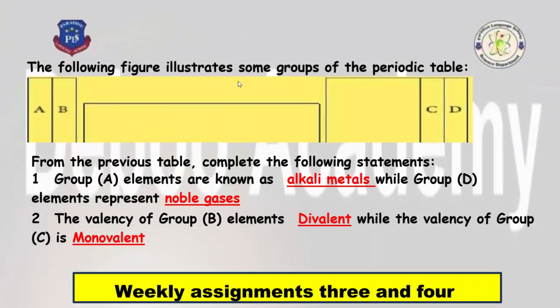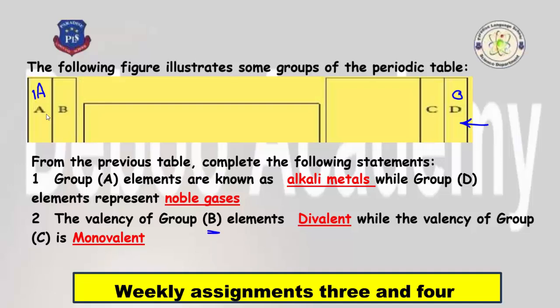The following figure illustrates some groups in the periodic table. From the periodic table, complete the following statements. Group A elements are known as, we called it before, alkali metals, while group D is called noble gases, the last group.